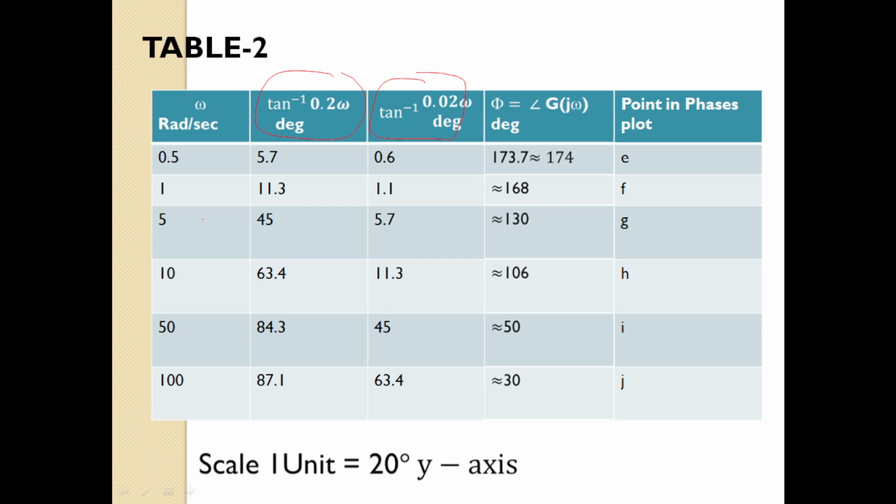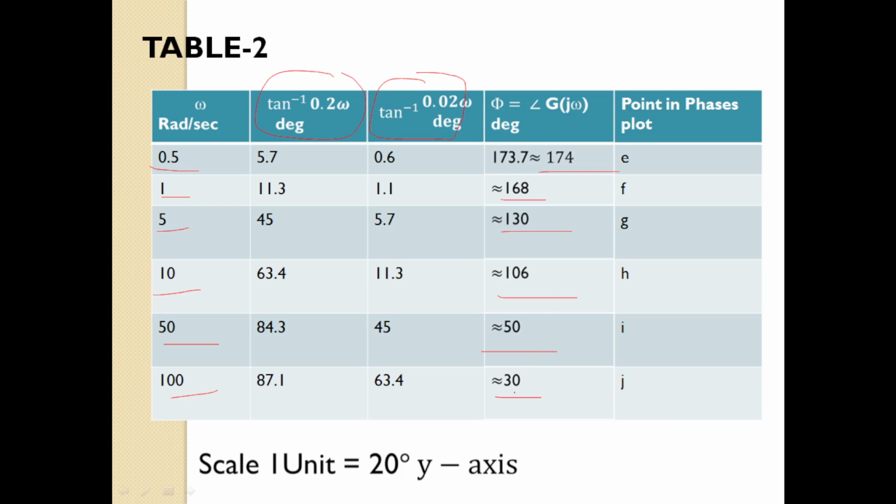For omega equal to 0.5, phi is 174. For omega equal to 1, 168. For omega equal to 5, it is 130. For omega equal to 10, it is 106. For omega equal to 50, it is 50. For omega equal to 100, phi is 30.